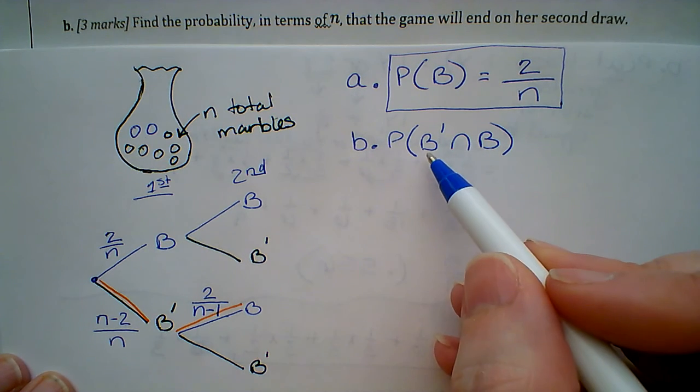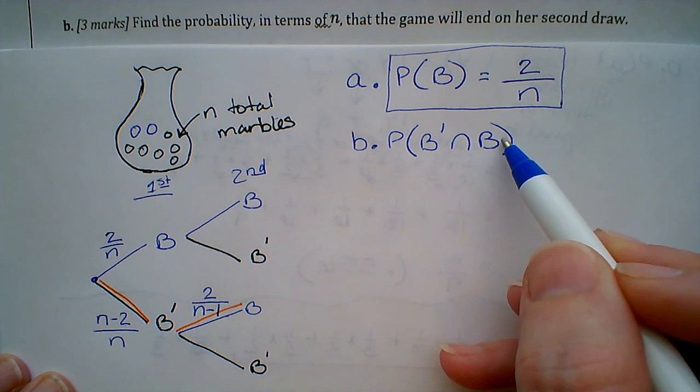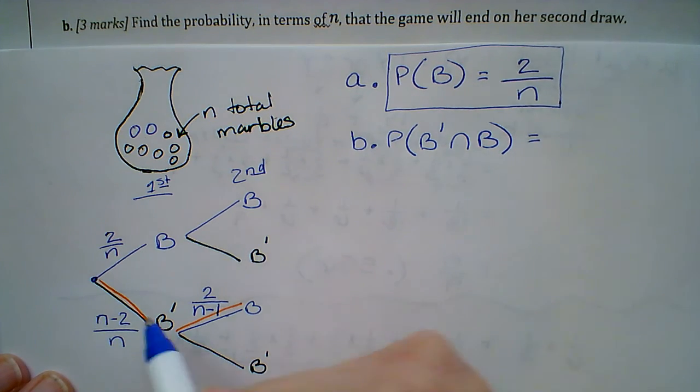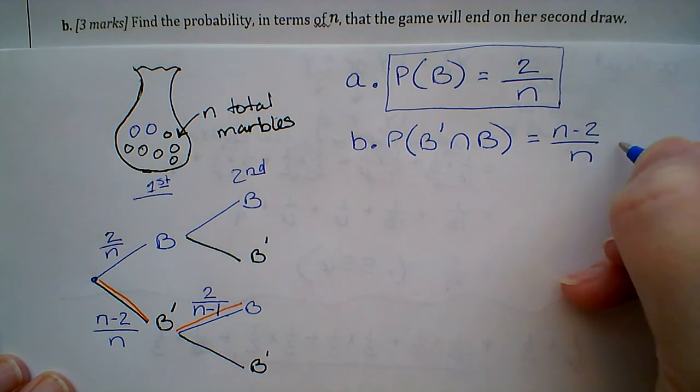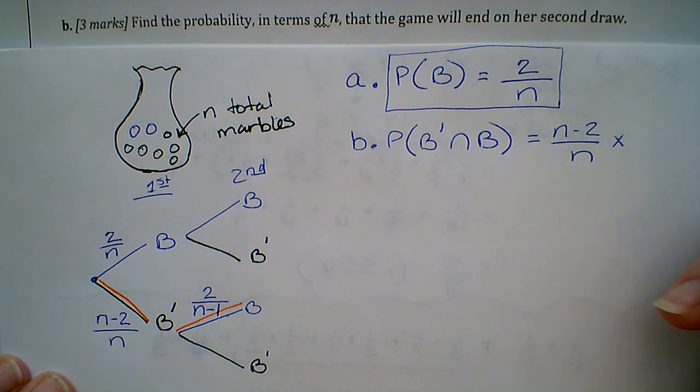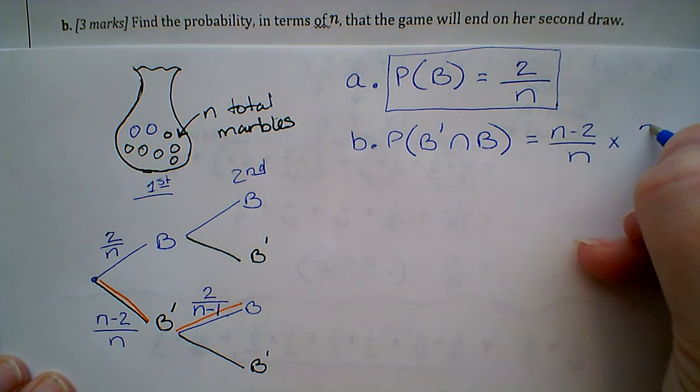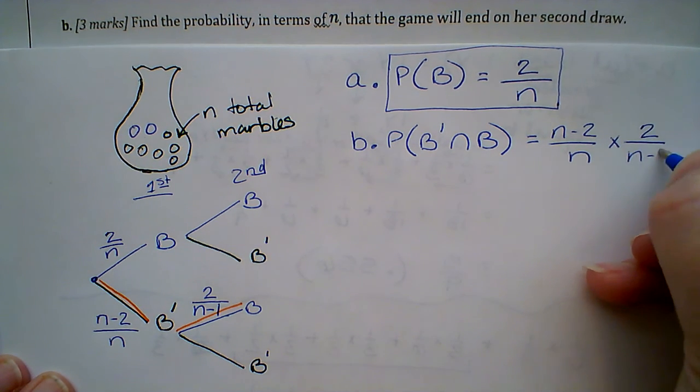I want not blue followed by a blue. Well, the probability of not blue is n minus 2 over n, and "and" means multiply. Blue is going to be 2 over n minus 1.